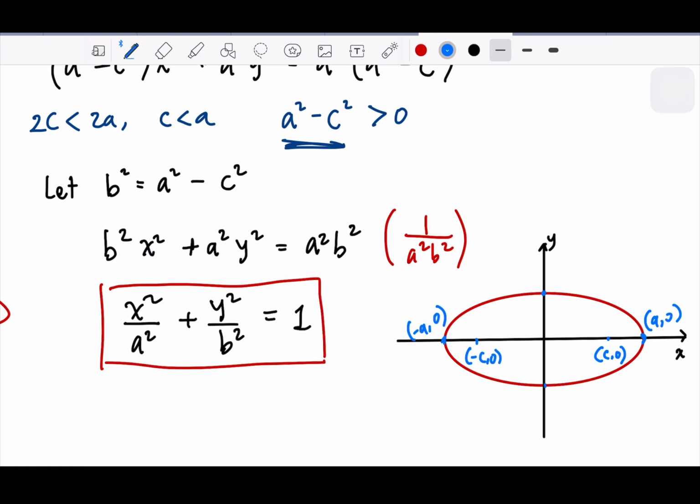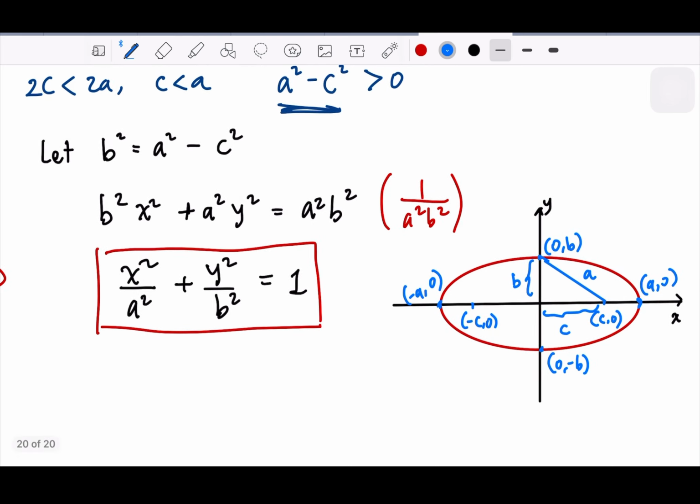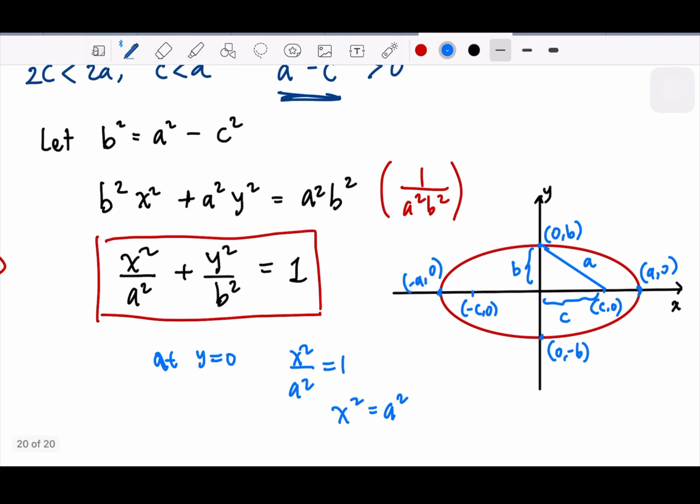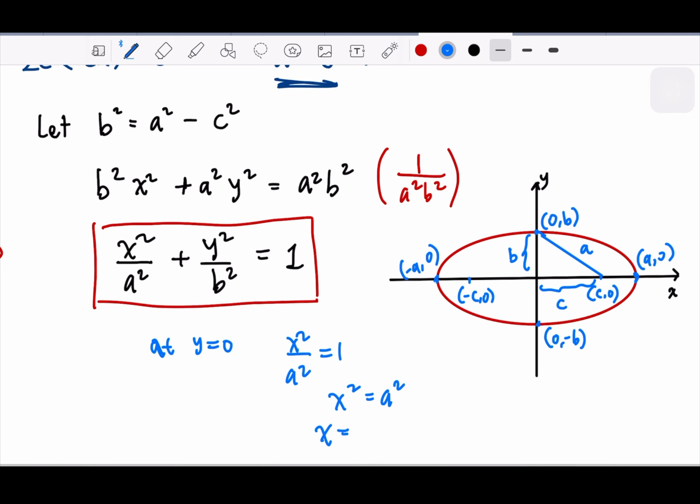And also the y-intercept, we found that this will equal B. So we know that this will be B, this will be C, and this will be A. So if you want to look at what it looks like, at y equals 0, x squared over a squared is 1, so x squared equals a squared. So x is plus minus a.